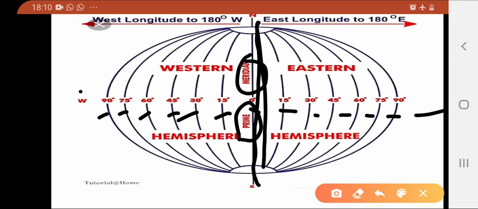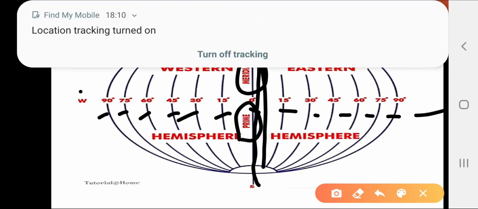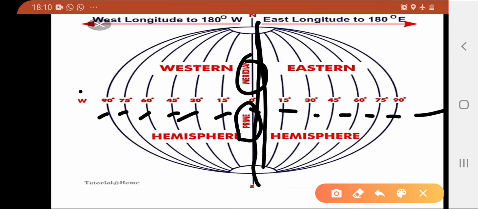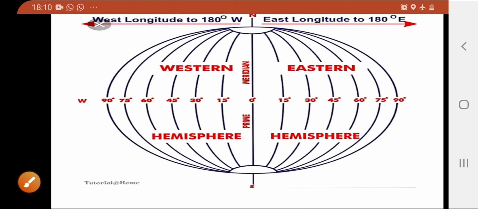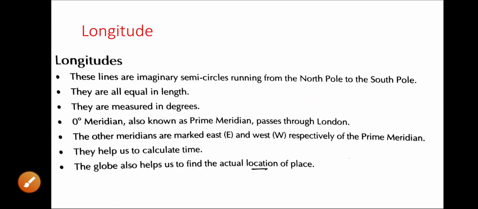Those latitudes helped us in finding places on the world map and on the globe, and these longitudes help us in calculating time, and so the globes also help us to find the actual location of a place. I hope, children, you have understood about longitudes and latitudes.